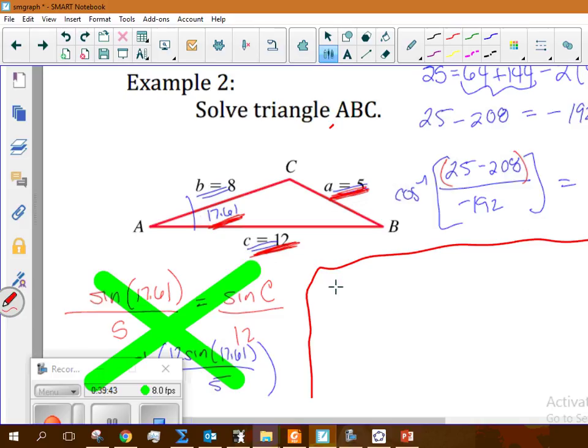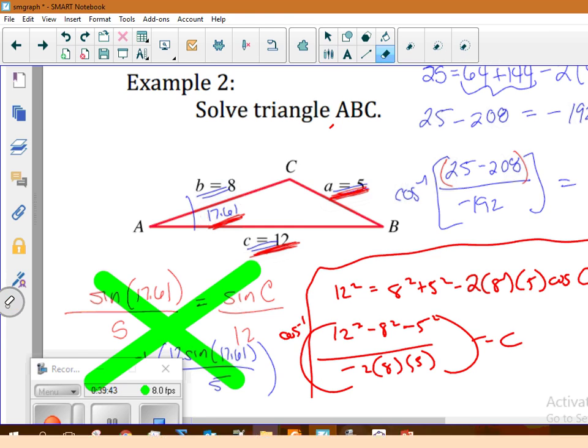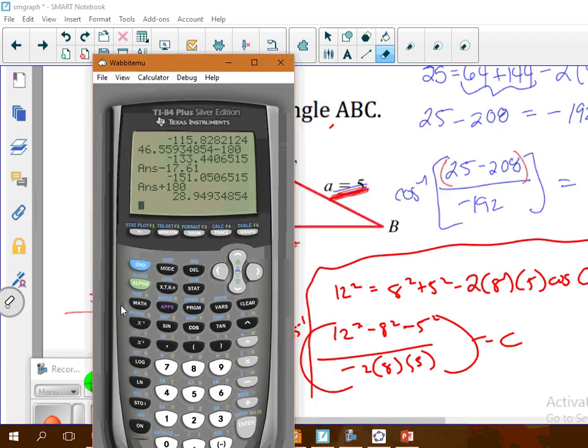I'm going to say 12 squared is equal to 8 squared plus 5 squared minus 2 times 8 times 5 cosine of C. Eventually that's going to give you 12 squared minus 8 squared minus 5 squared divided by negative 2 times 8 times 5. And we'll cosine inverse that to get ourselves C.